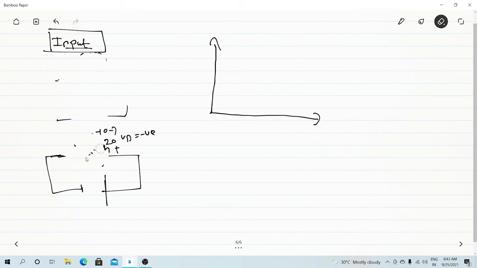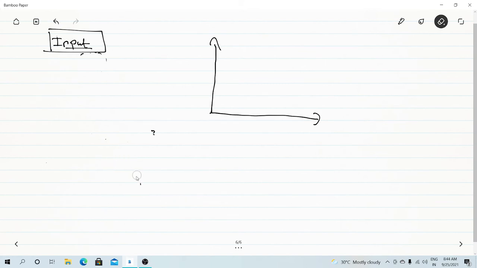Because here we are going to see the same characteristic. Whenever I am saying characteristic, that refers to the current and voltage diagram. Current will be on the y-axis and voltage will be on the x-axis. In this case, for the input characteristic, the current is the input current, that is my IE, and the voltage will be my input voltage, that is VEB.